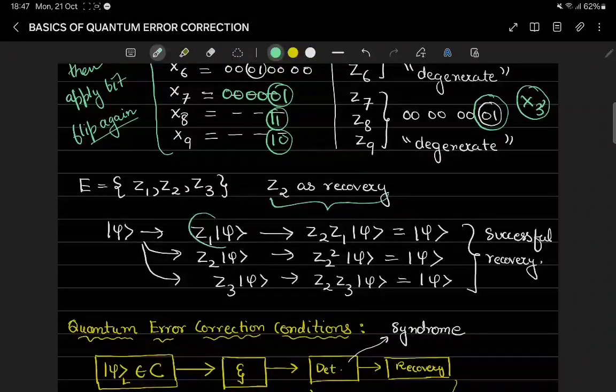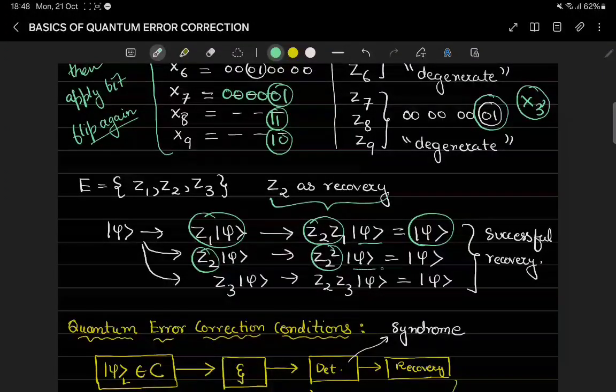If I have a Z1 error, I apply Z2. This is a stabilizer, so it maps onto psi. A stabilizer keeps psi invariant, because that's the definition of the code space. If I have Z2 and I apply Z2 again, it is Z2 squared, that is plus 1. And if I have Z3, I can apply Z2, and this is again a stabilizer, and this gives us psi again.